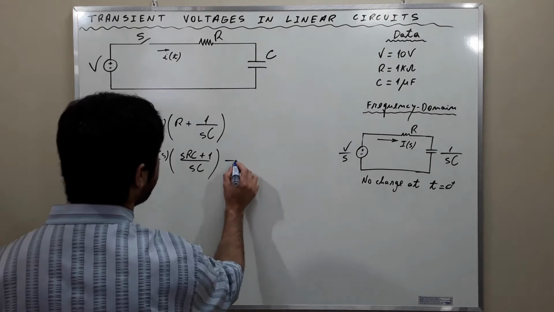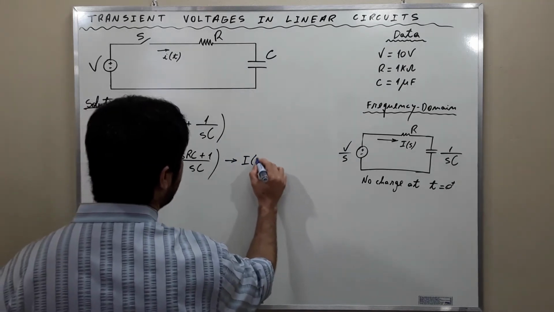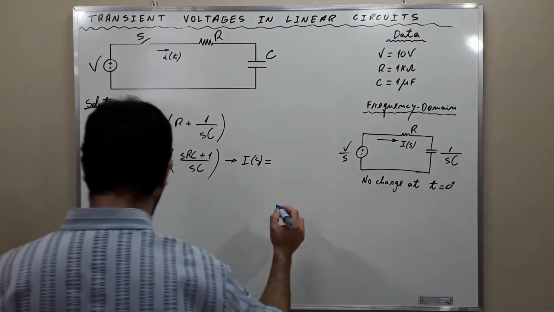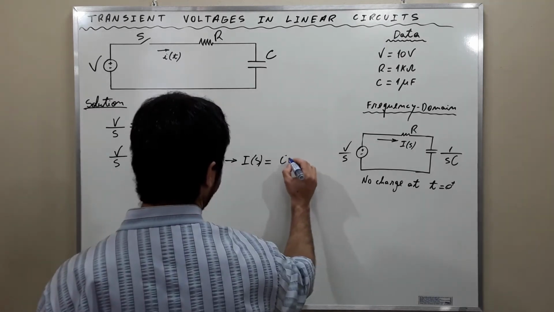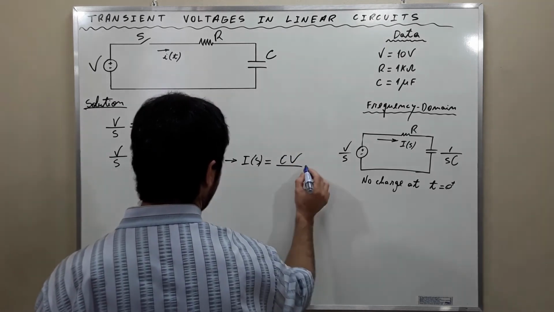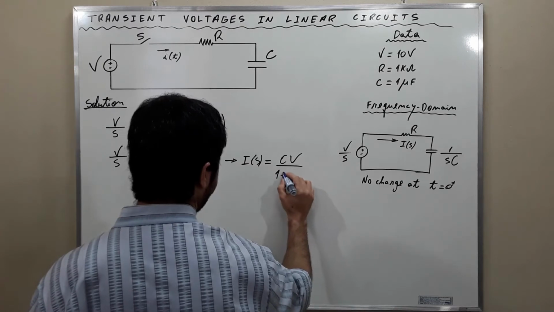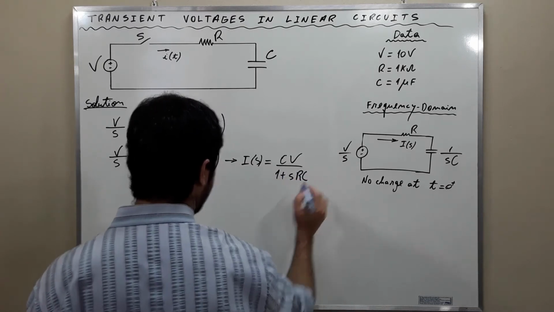Consequently, I of S is equal to C V divided by 1 plus S RC.